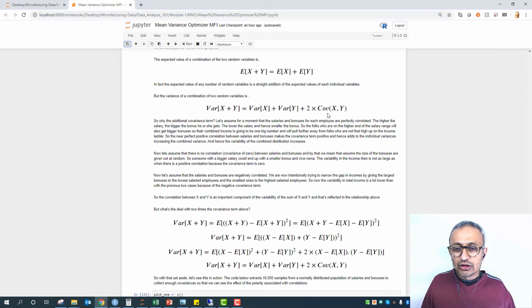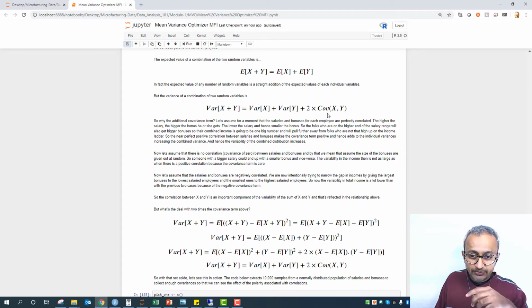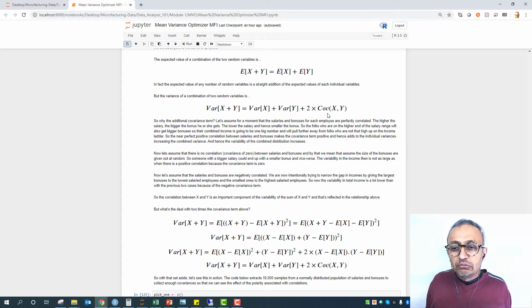So basically you can sort of see that the distribution is getting tighter, right? So if you randomize that thing, the distribution is getting tighter because there is no correlation between these two, because we have purposely made it that way, okay. So the variability in total income is not as large as there was when there is a positive correlation, because the covariance term now is 0, right?